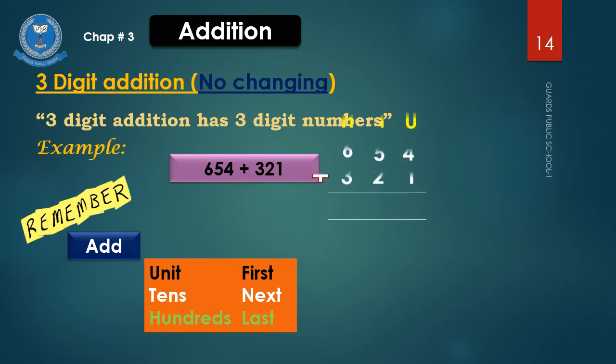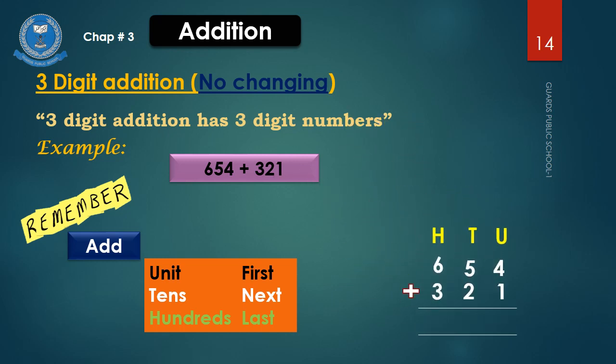We will start by adding the digits from the units column. That is 4 plus 1. The answer is 5. Next, we will add the digits of the tens column. That is 5 plus 2 is equal to 7.